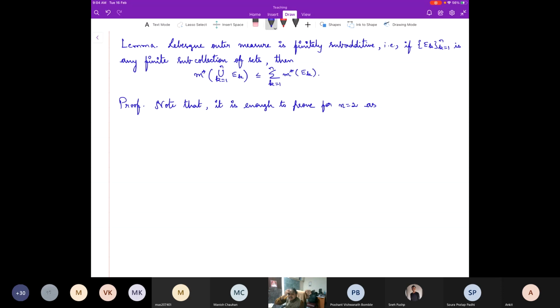The general case follows from induction.